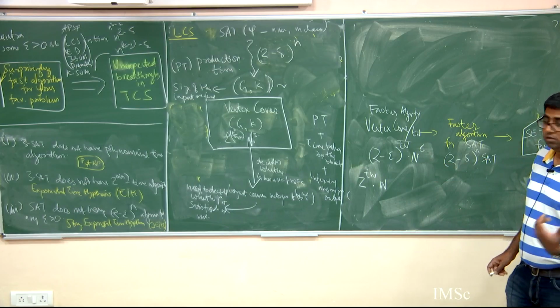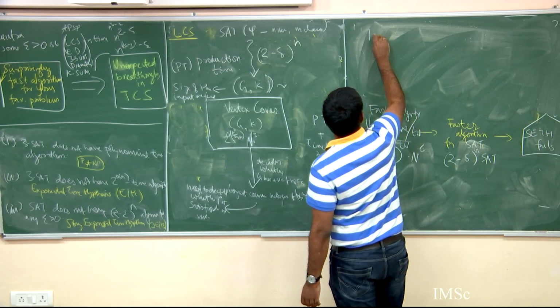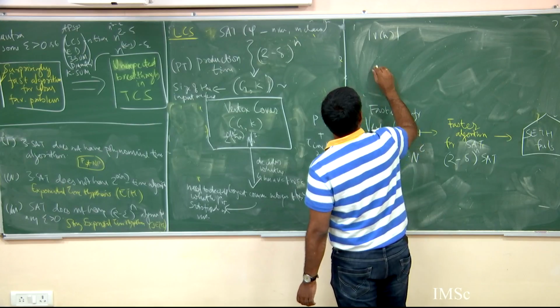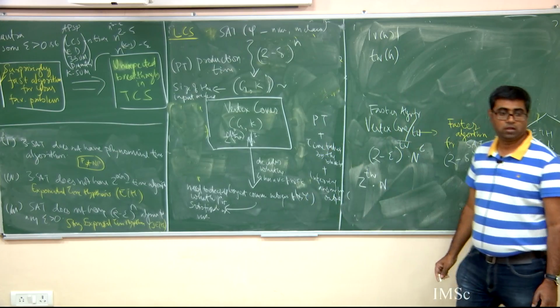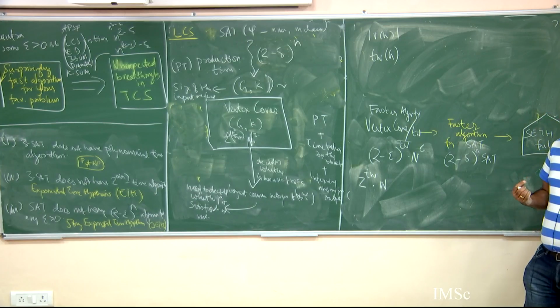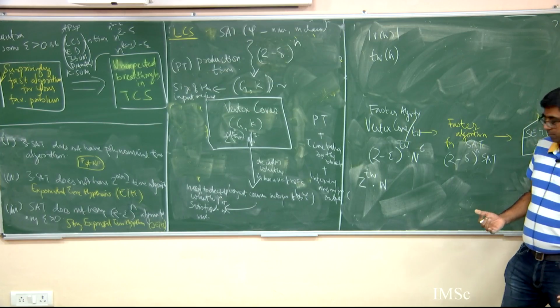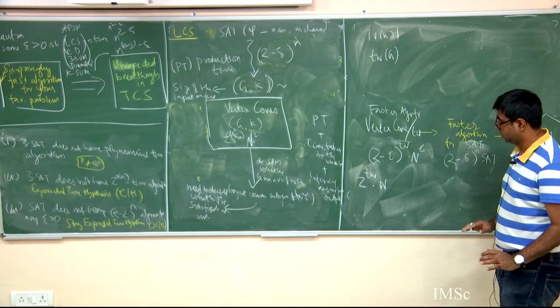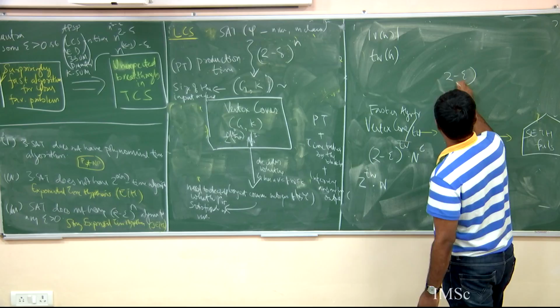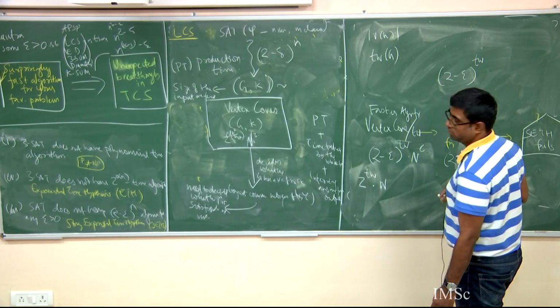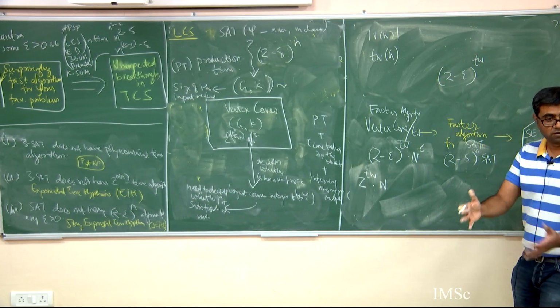So now we have to control the vertex set of G and the tree width of G, because that is the parameter of interest. Now what should my tree width be? Okay, 2 minus epsilon to the power tree width, right? This is what my algorithm's running time is.